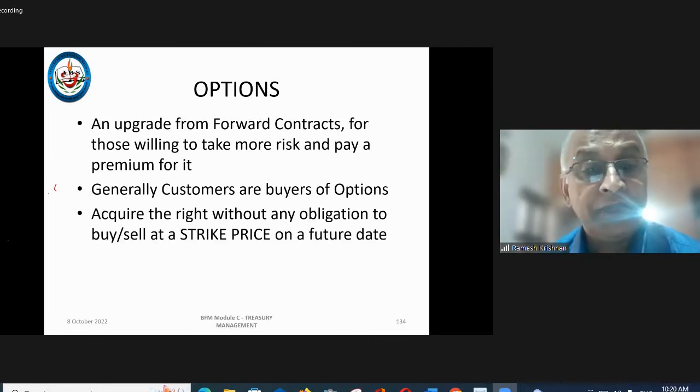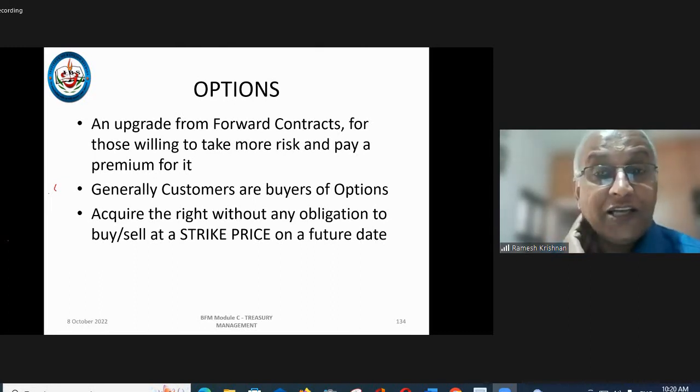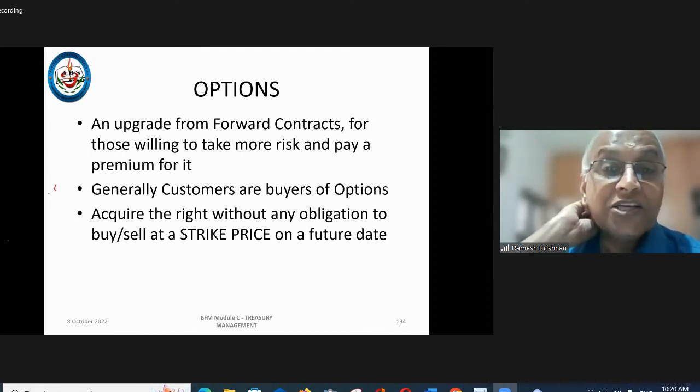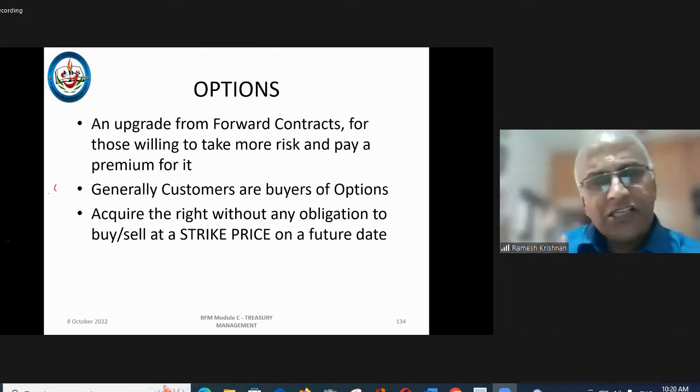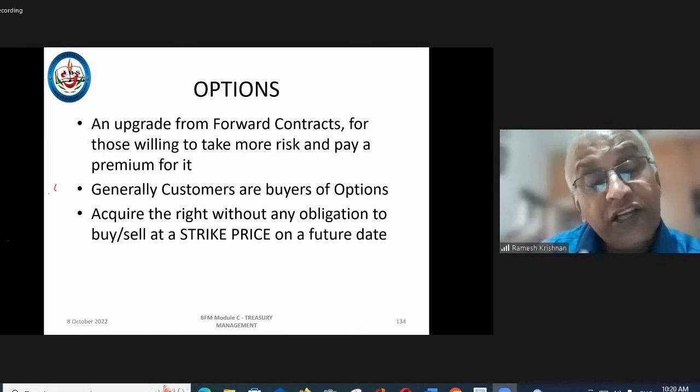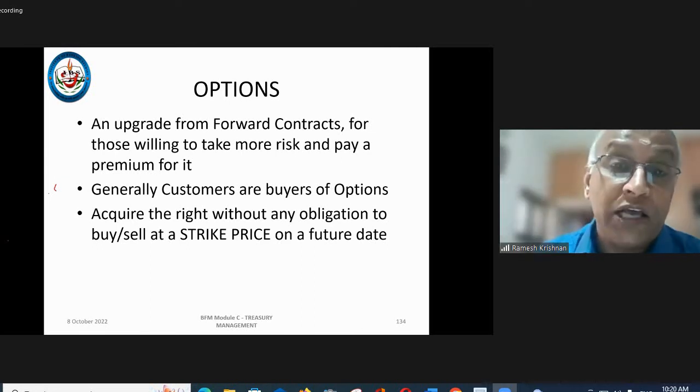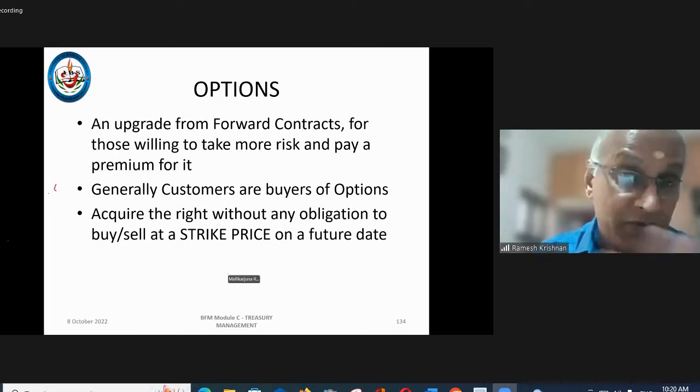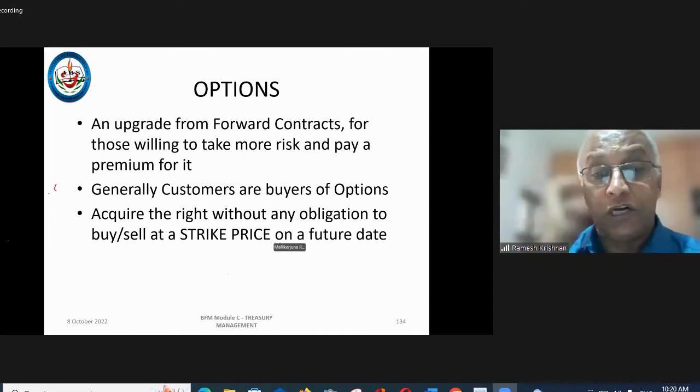He acquires the right, without any obligation, to buy or sell at a strike price on a future date. So here, 82.50, instead of a forward contract price, becomes a strike price. That is the customer's choice. He can choose 82.50, he can choose 85, he can choose 90, he can choose 80. We will explain that shortly.